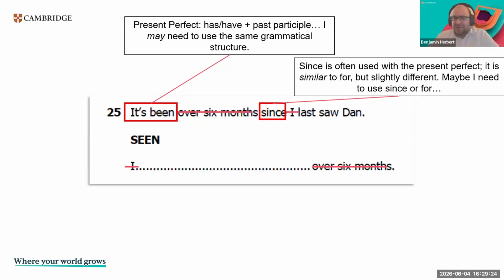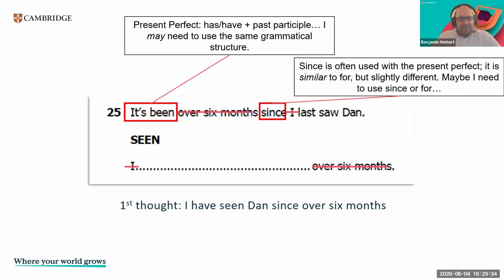We know that "since" is often used with the present perfect for the unfinished past. And then maybe we could get our learners, again, to just brainstorm possible solutions. These don't have to be correct, but get them realizing that they can come up with multiple possible answers.